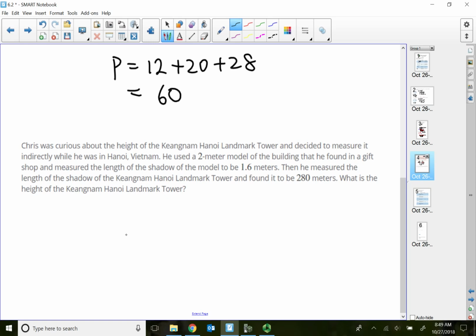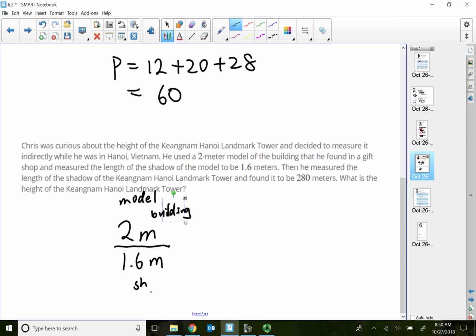So this is the model, and this 2 meters represents the height of the model building. The 1.6 is the shadow of the model. So that will be 2 meters compared to 1.6 meters.